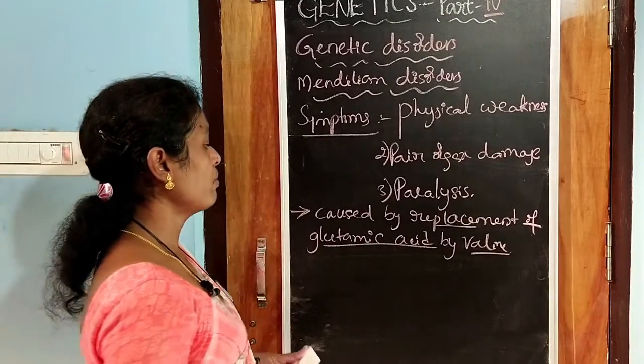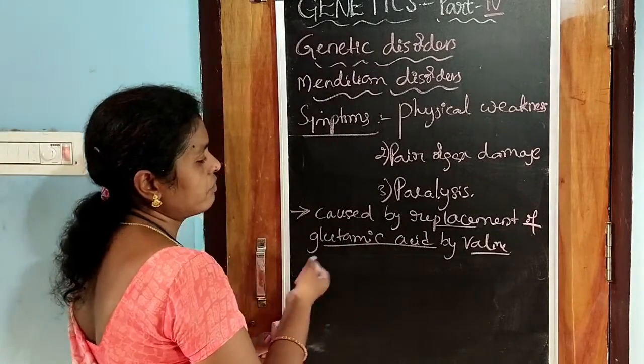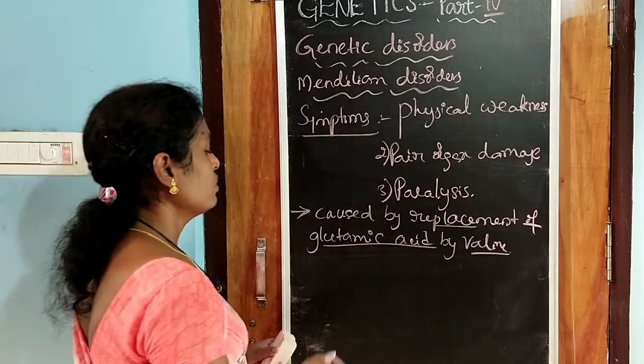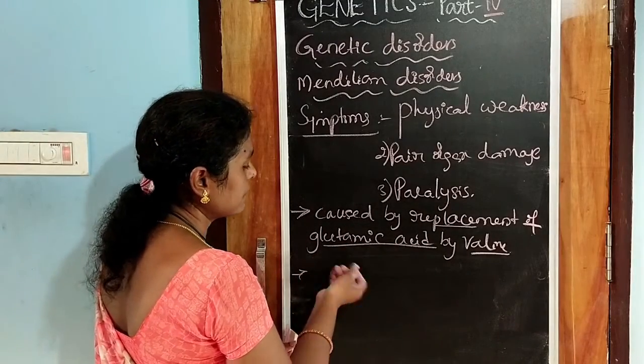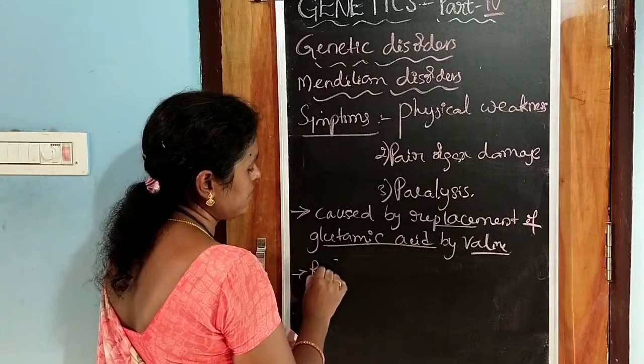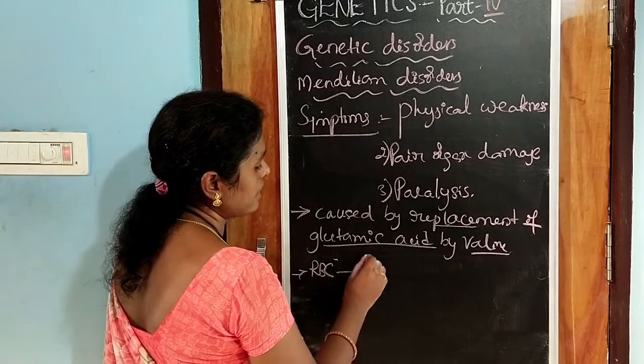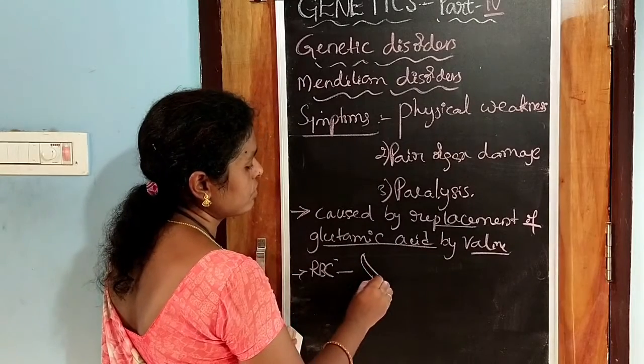Due to the replacement of glutamic acid by valine, the RBC becomes sickle shaped.